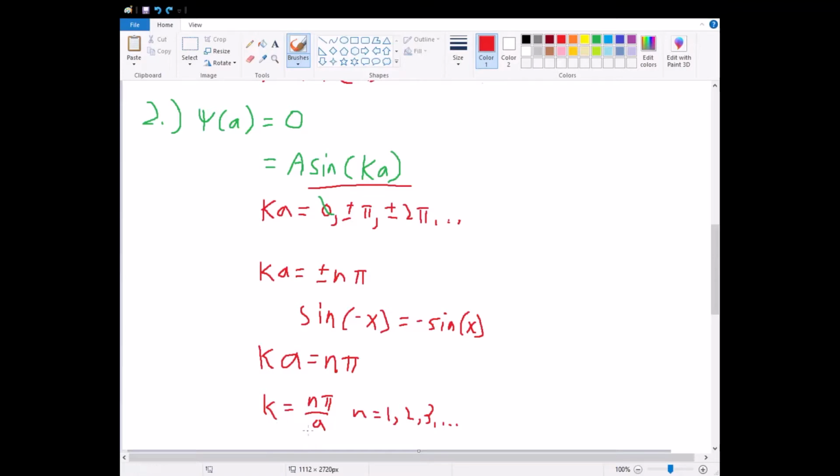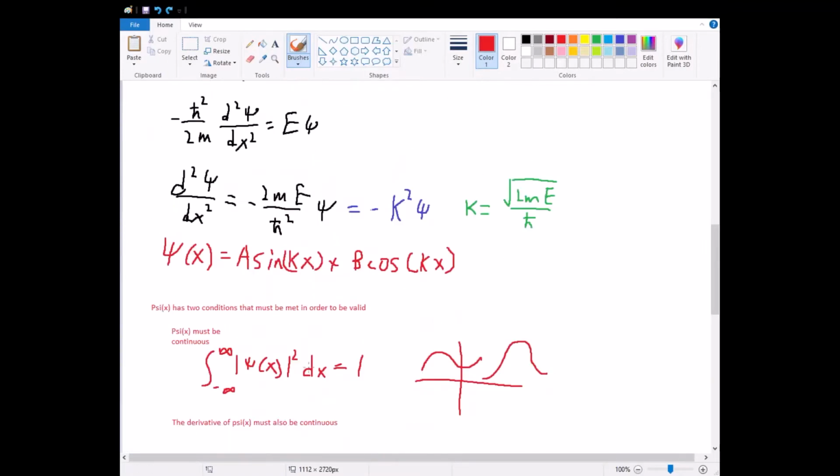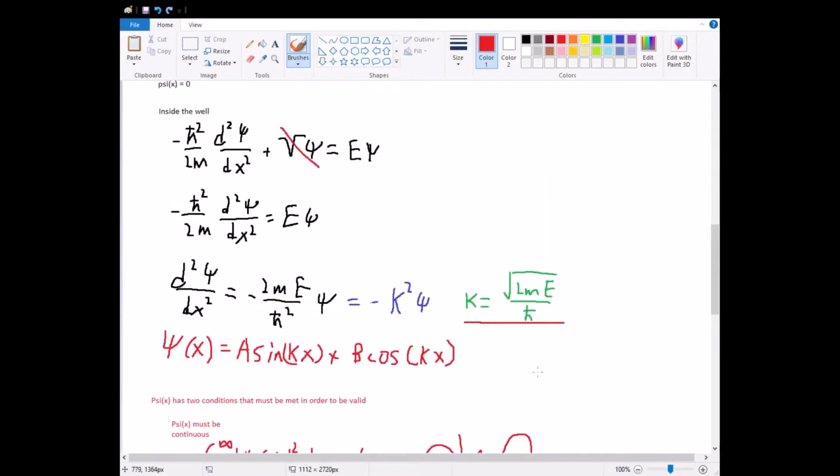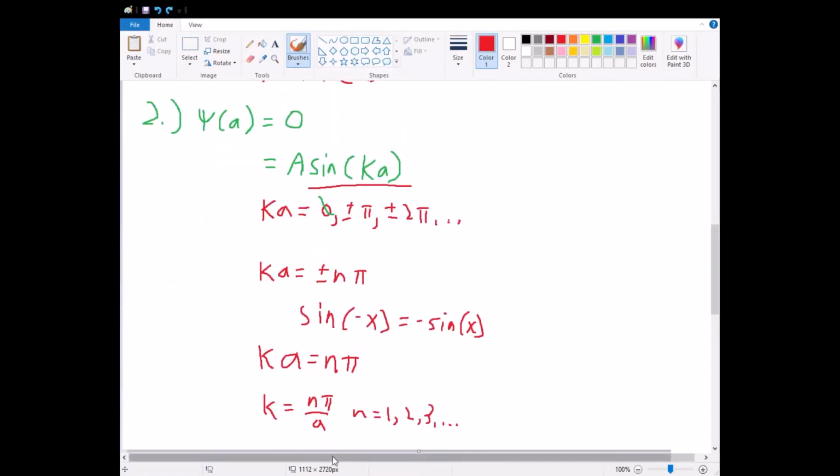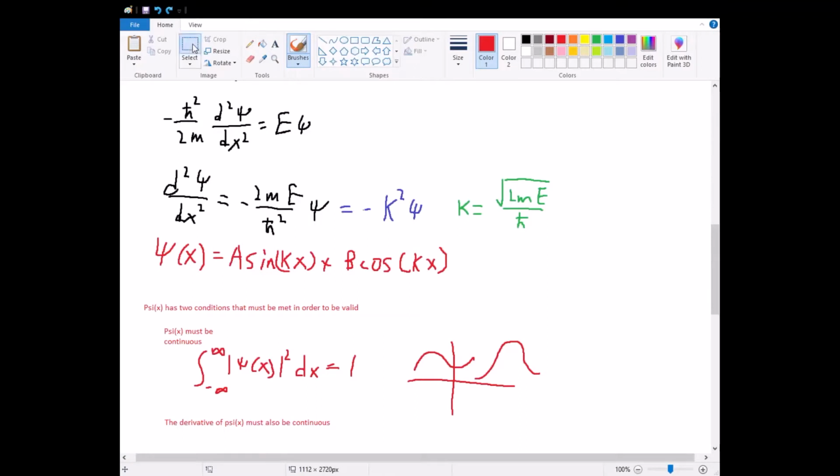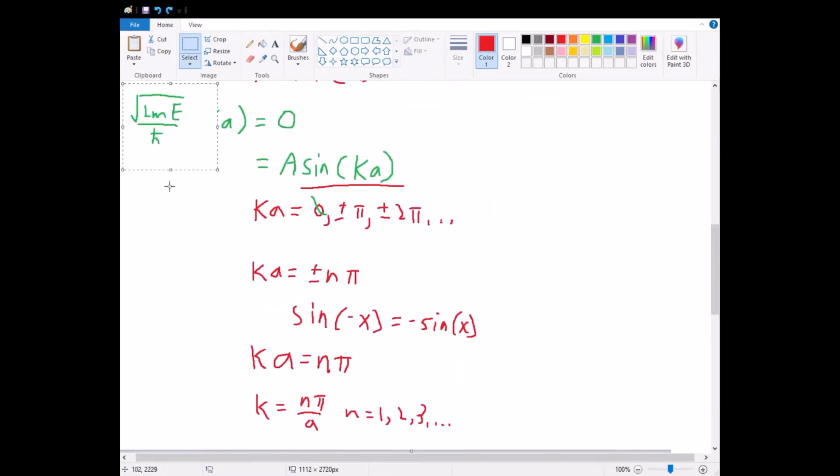So we've defined K, and note that earlier up here we also defined K as well. So we can define these in terms of each other. Apparently 2mE over h bar squared, which is what K is, is equivalent to K, which is equivalent to n pi over a.